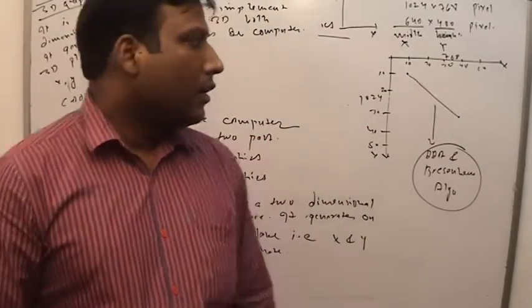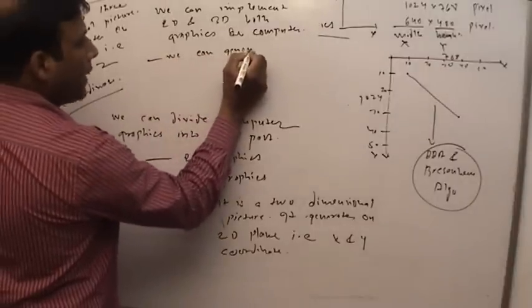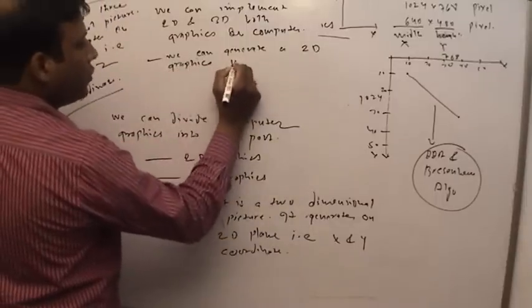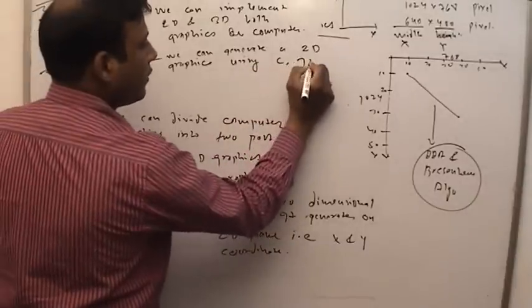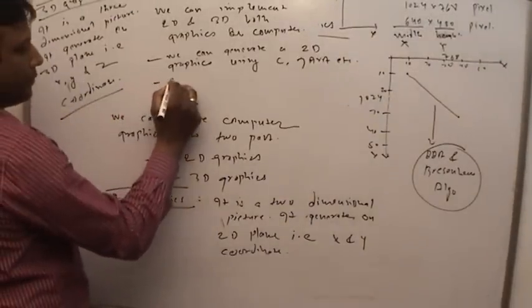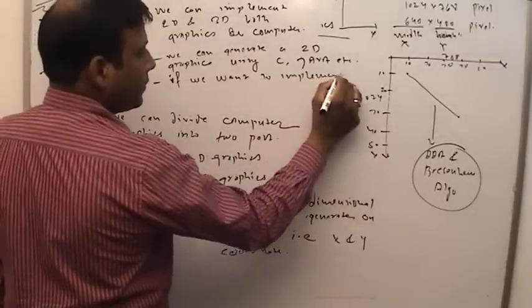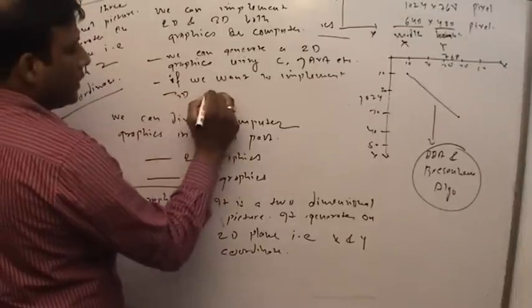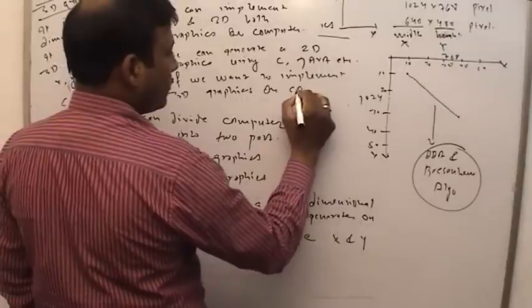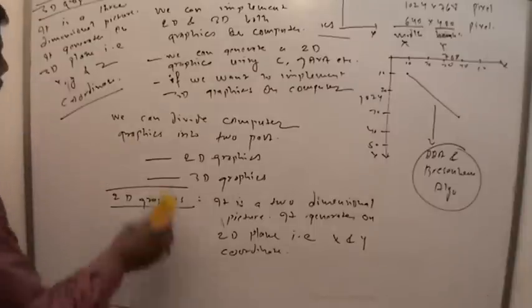We can generate 2D graphics using C, Java, etc., but we can't implement 3D graphics with C or Java alone.